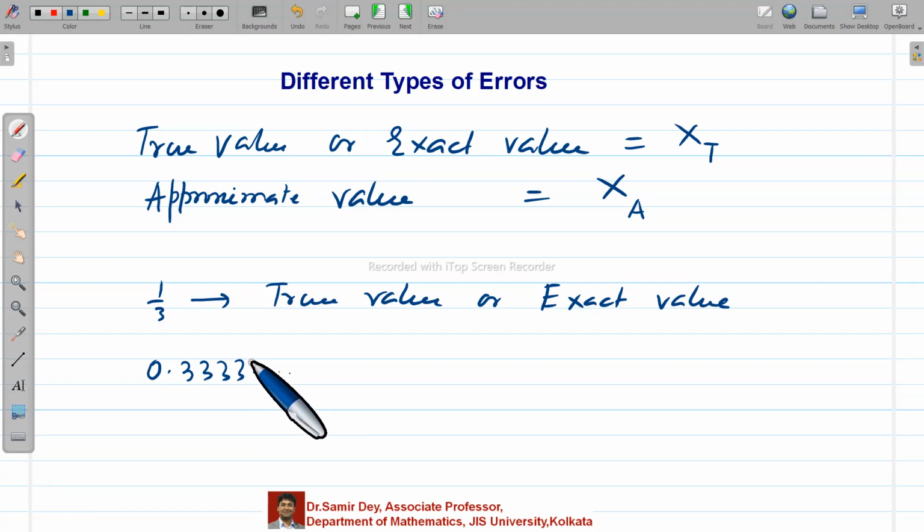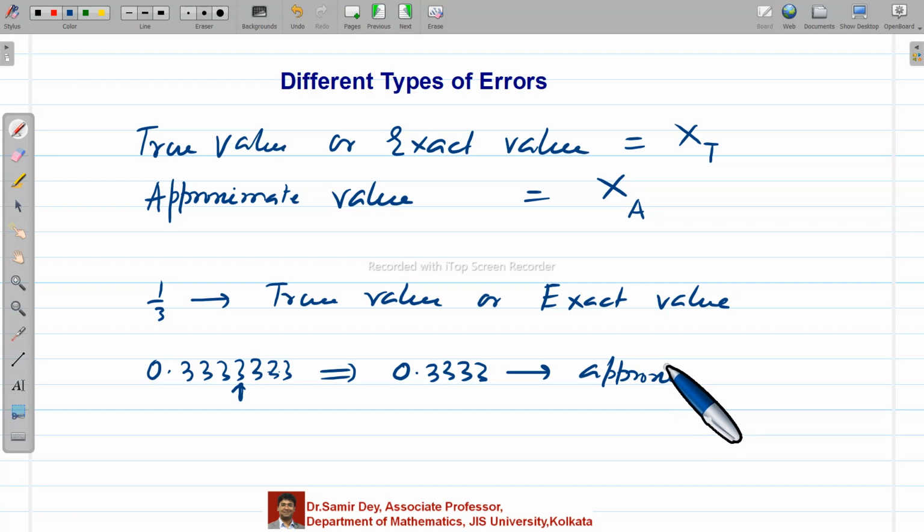Okay, big number you can see. Then what you do, you need to discard some digits, to some position, from a calculation point of view. That is called the approximate value. Suppose I discard up to this level, that means 0.3333. So for me this one is the approximate value.